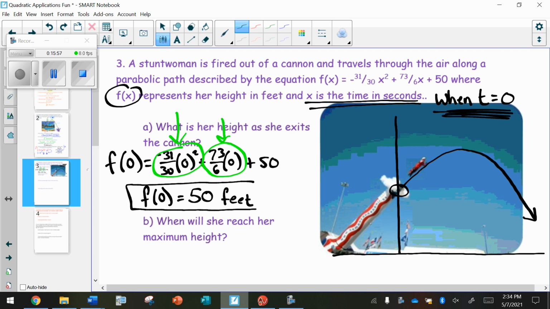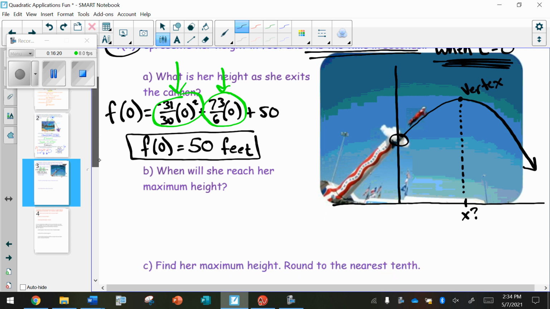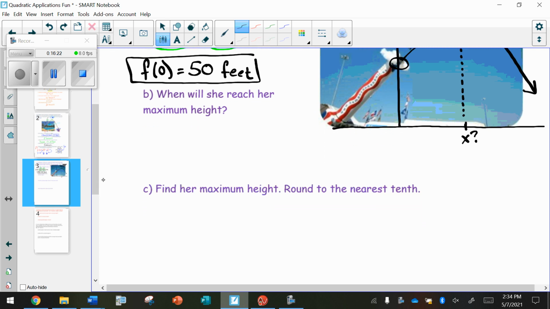That's not so bad. When will she reach her maximum height? So whatever that maximum height is, we've got to find when it happens. Now that maximum height is the vertex. And we had a magical formula from a couple units ago to help us find our vertex.